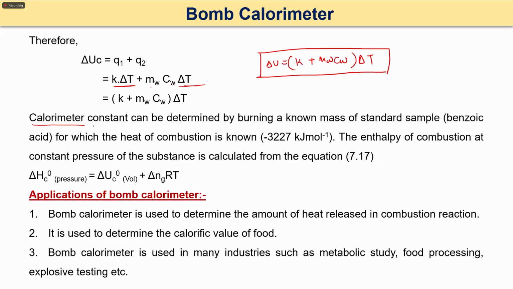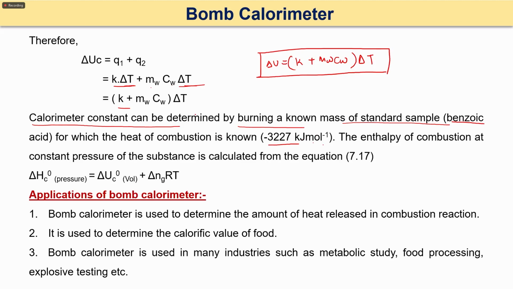Now this calorimeter constant, that is K, can be determined by burning a known mass of a standard sample. Let us say for benzoic acid, the heat of combustion is known, which is minus 3227 kilojoule per mole.